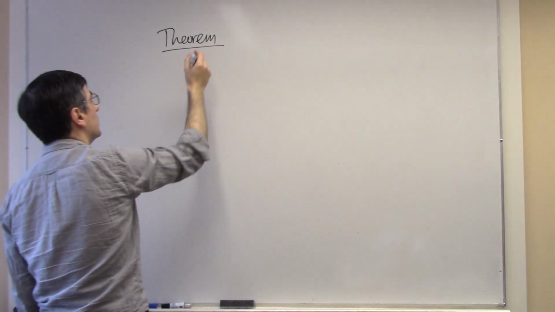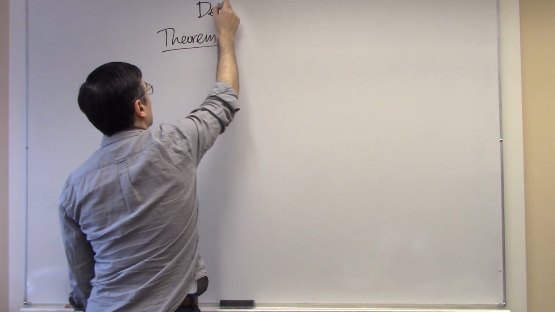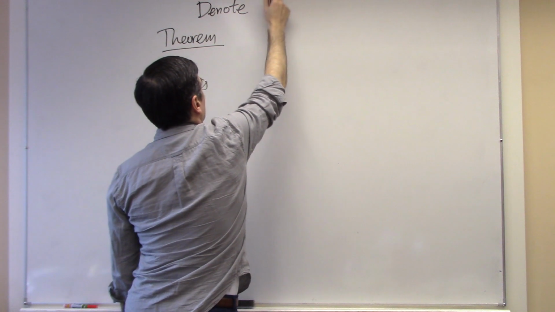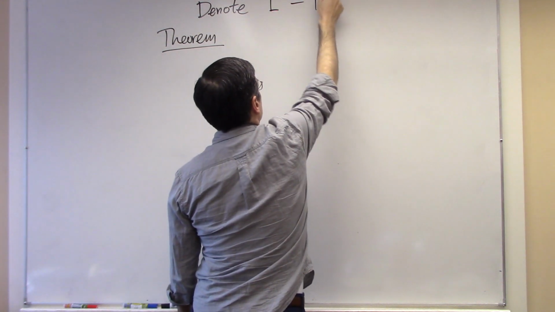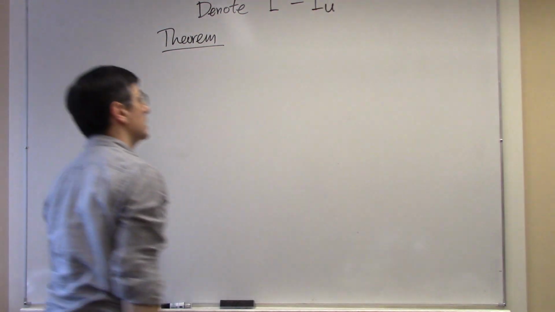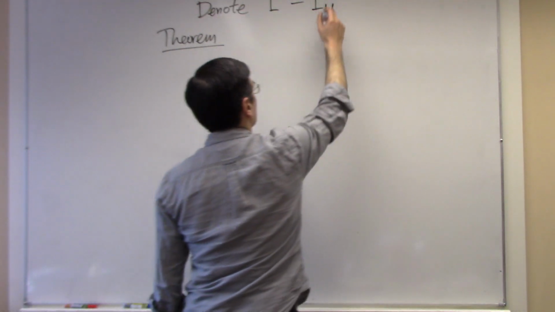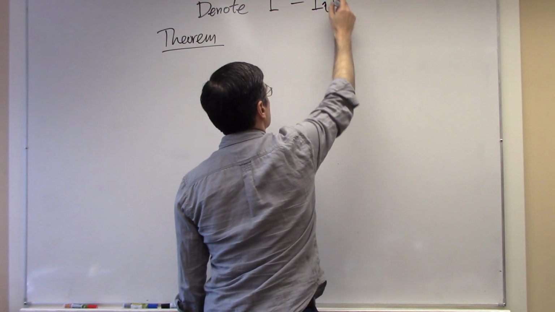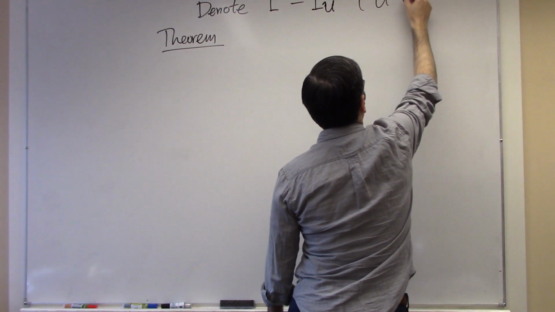For simplicity, I will denote by capital P this projection associated to a subspace U. So U is a subspace and will be fixed.